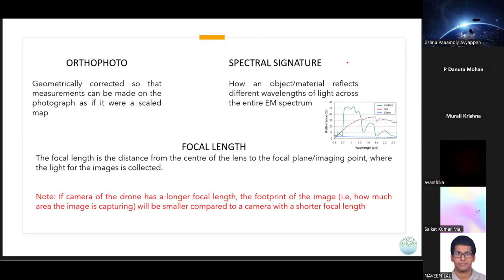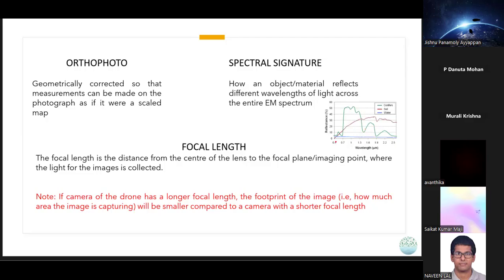What is a spectral signature? Every object on the Earth has its own spectral signature. That is, every object absorbs, reflects, and emits different wavelengths of energy. Suppose in this diagram, this green line indicates vegetation, a coniferous vegetation.